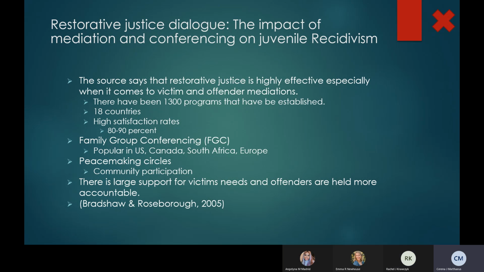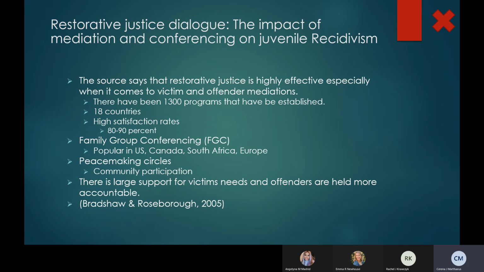So my first article is Restorative Justice Dialogue: The Impact of Mediation and Conferencing on Juvenile Recidivism. The source says that restorative justice is highly effective, especially when it comes to victim and offender mediations. About 1,300 programs have been established and used in 18 countries, with a high satisfaction rate of about 80 to 90%.